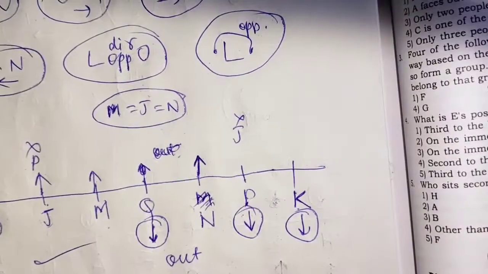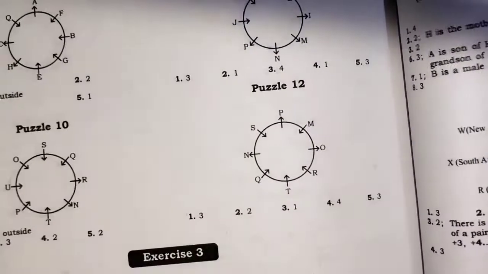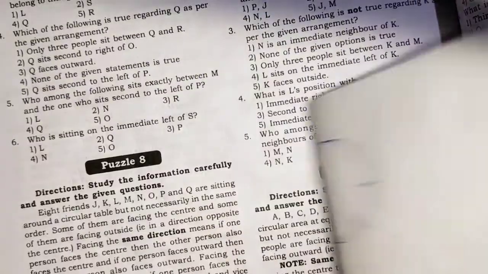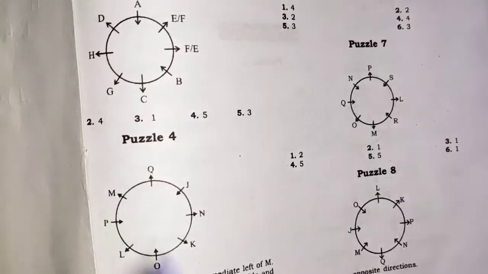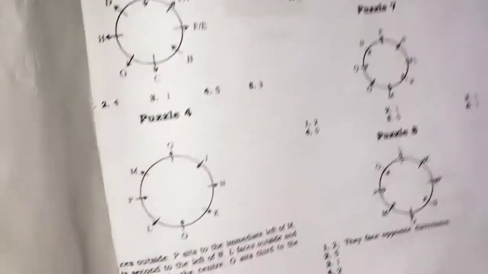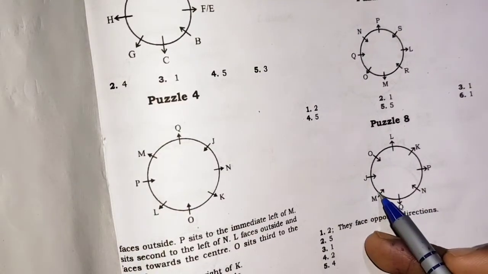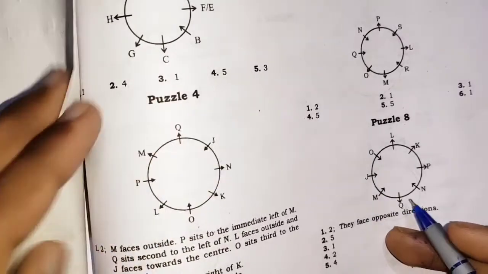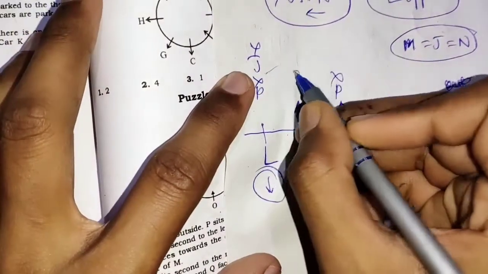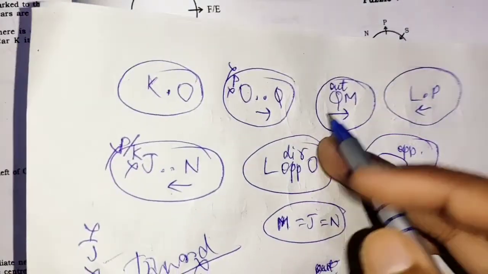Now we will check for answers. This was question number 8, I guess. M is facing inward, and to the immediate right of M, Q is sitting facing outward. How can we justify?